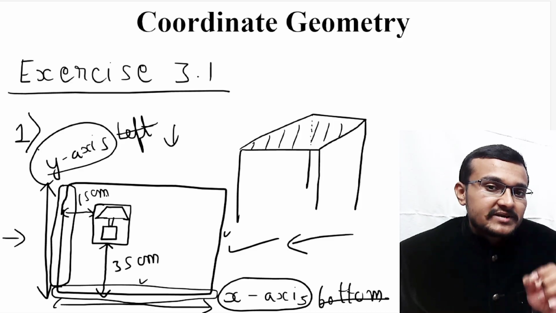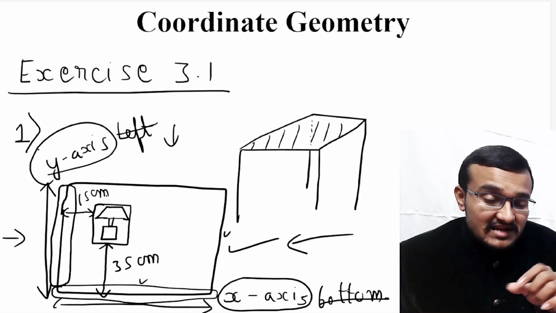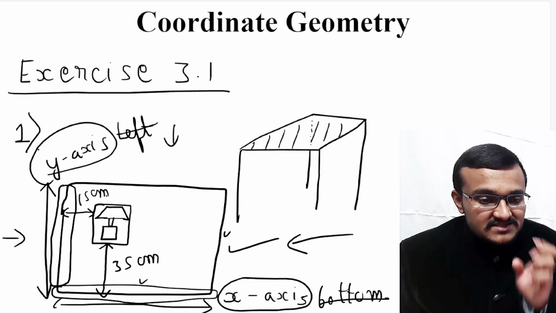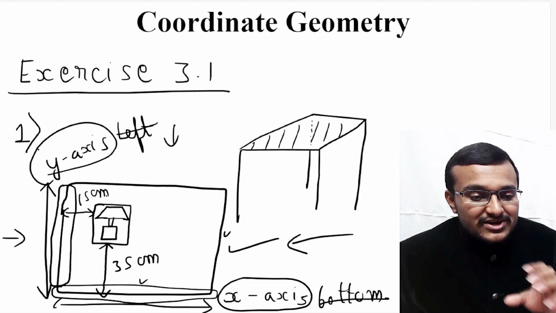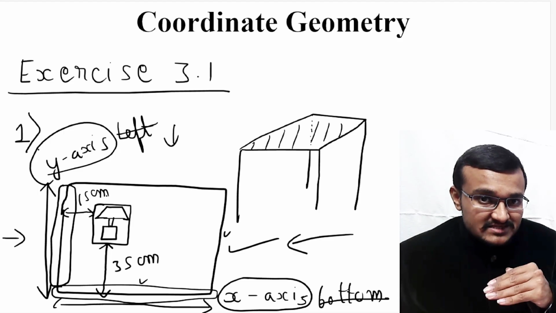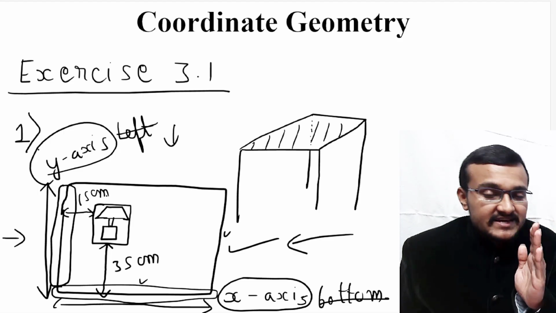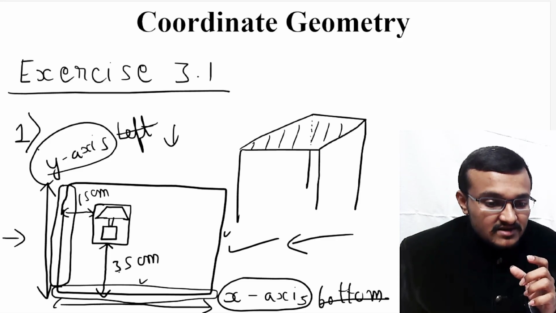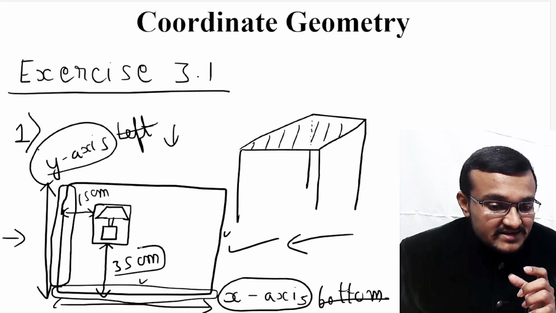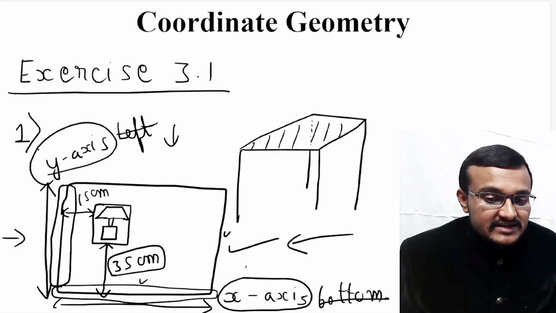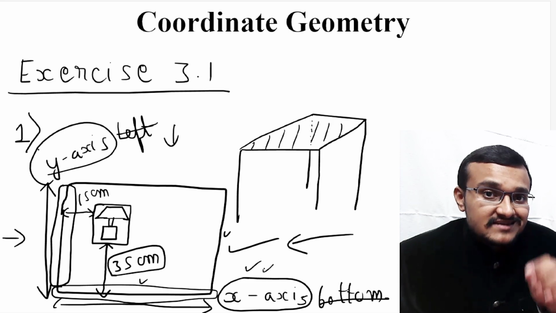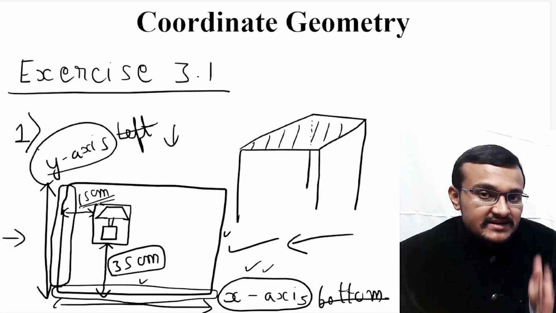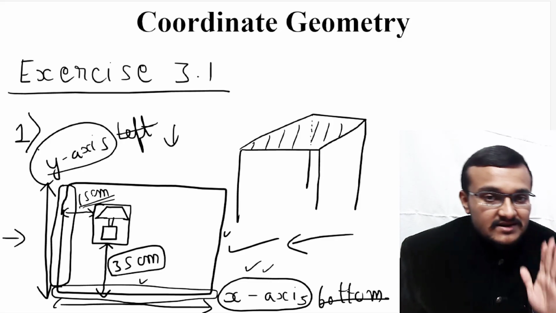If you want to update the position of this table lamp to another person, you have to tell him which edge of the table is the x axis and which edge is the y axis. Then you have to mention the table lamp is 35 centimeter away from the defined x axis edge of the table, and it is 15 centimeter away from the defined y axis edge of the table.